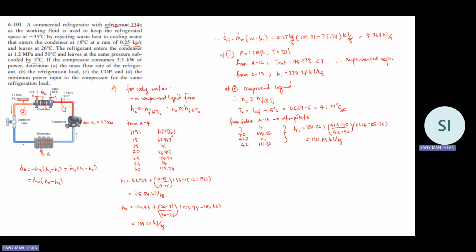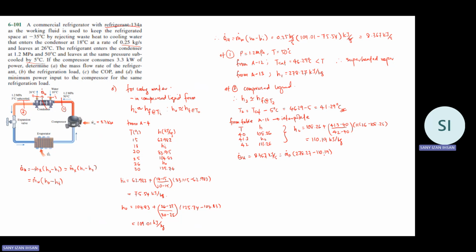So we can go back to this equation. You know that QH dot, which we already calculated as 8.367 kilojoule per second, equals m dot R, the one that we want to find out, times H1 minus H2. H1 is 278.27 minus H2, 110.19.